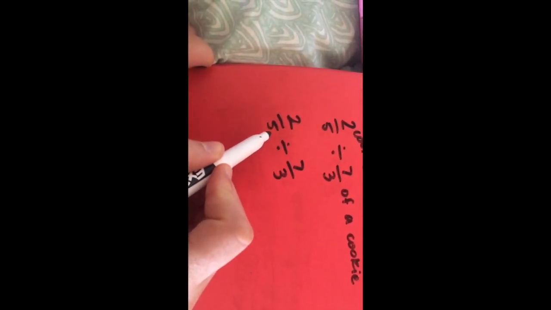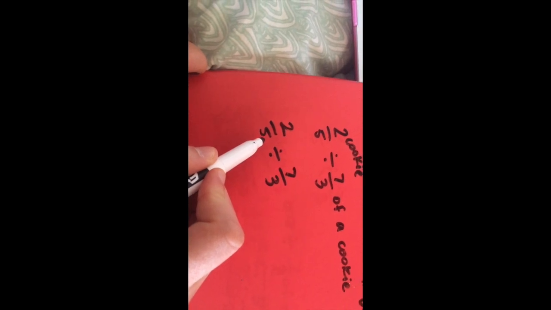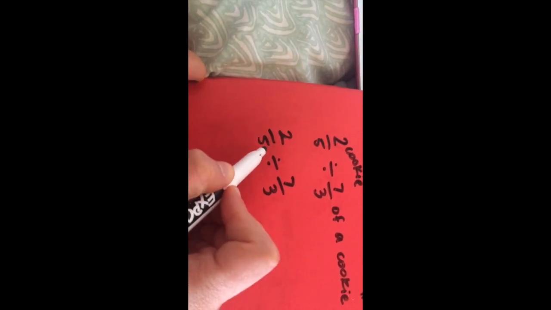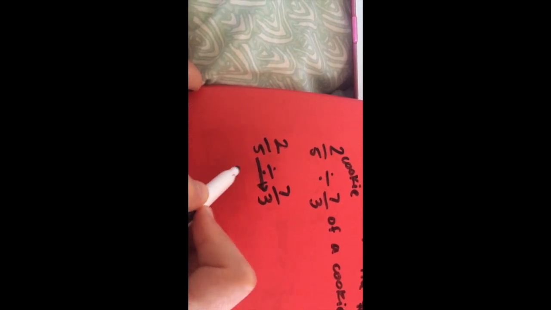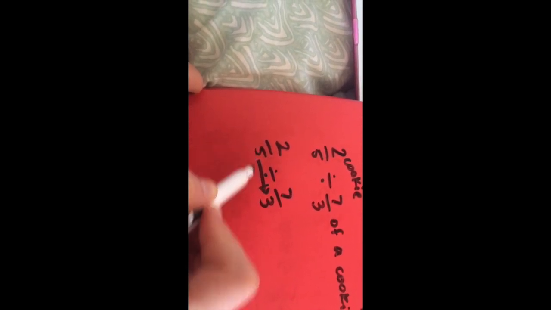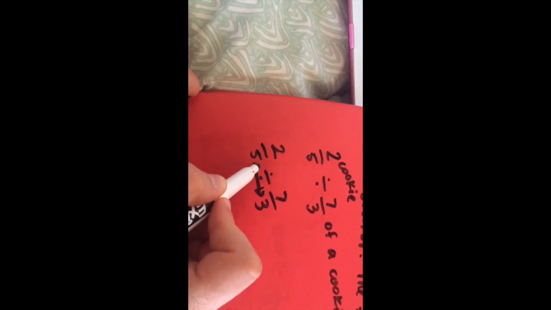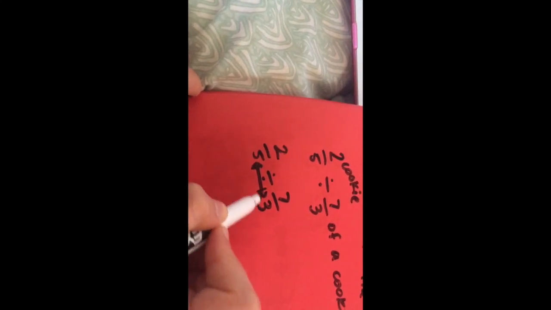So now our first step when we have a problem like this is to find a common denominator. So we need to multiply the denominators together, right? So I would do this 1 times 3, and this 1 times 5, and 3 times 5.